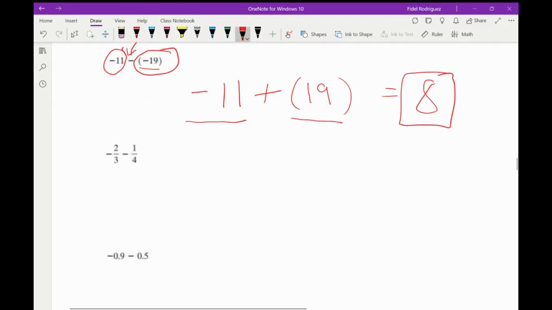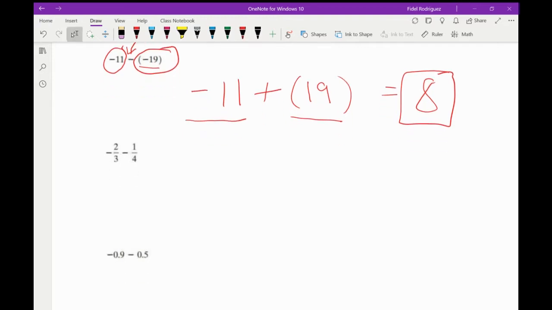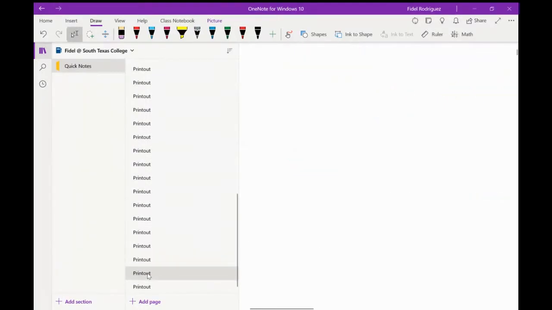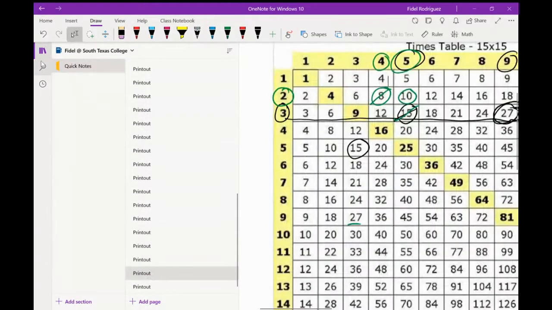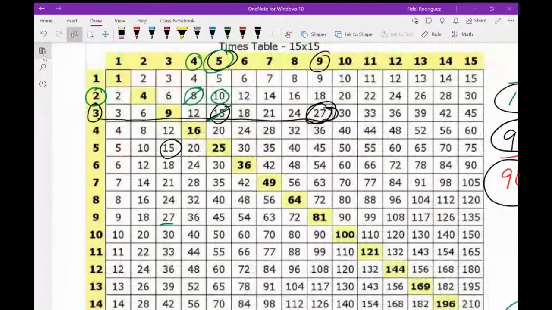So look, I'm going to show you one more. I'm going to do this one here with the fractions. The first thing I'm going to do is look at my denominators. My denominators are 3 and 4, right? Just to walk you through the process, I'm going to take my chart and look at my numbers.